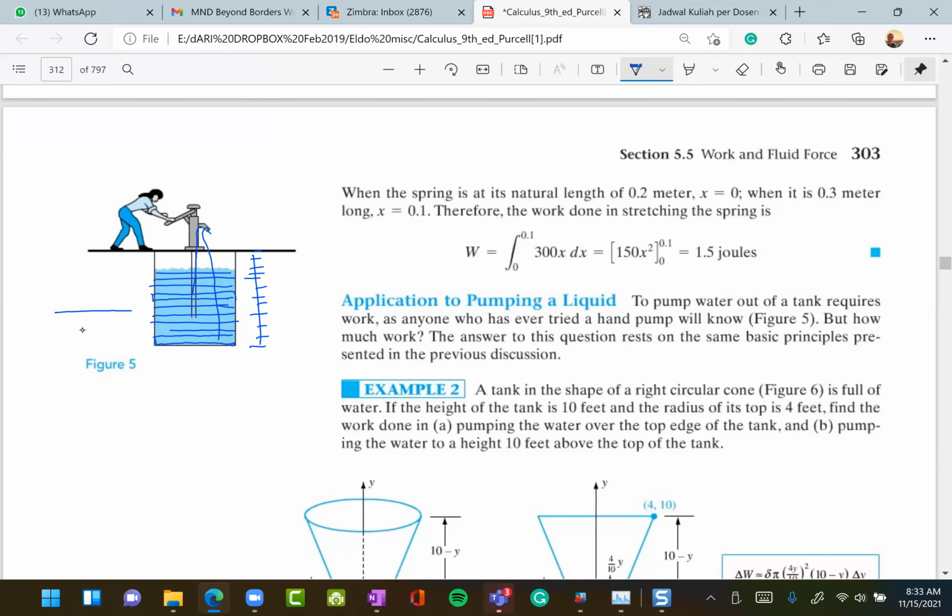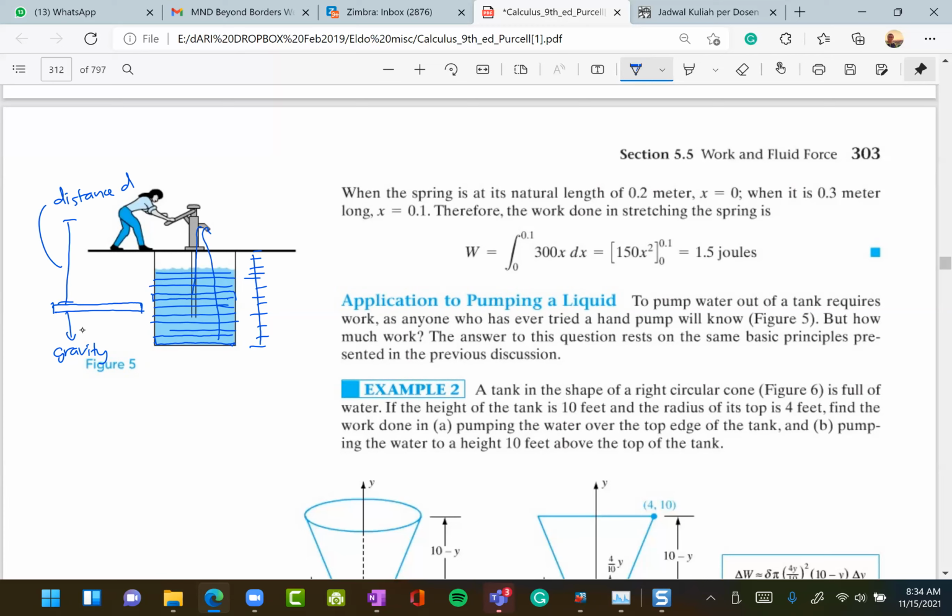So for this layer you have the gravity force, but you have this distance. For the whole tank the gravity force is quite the same, except the distance is different.